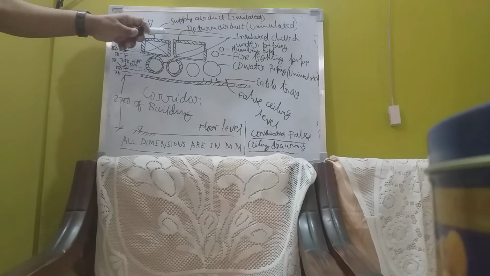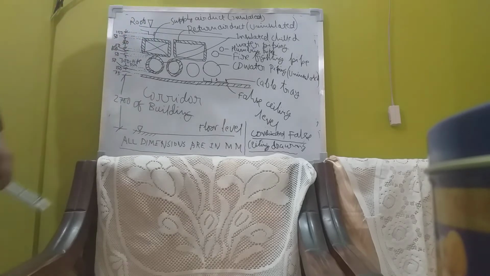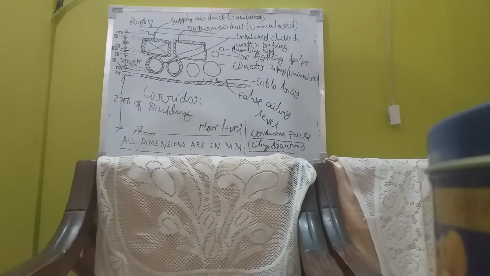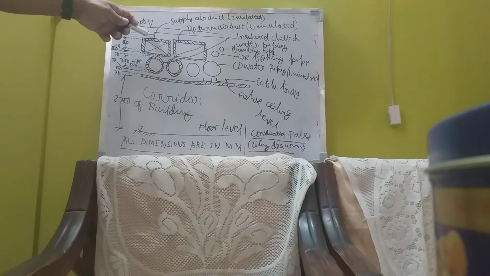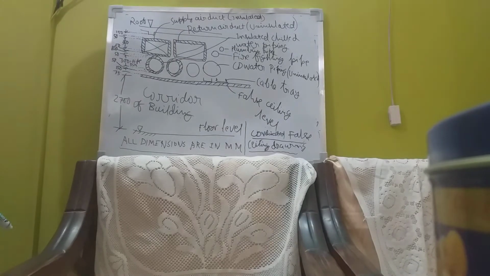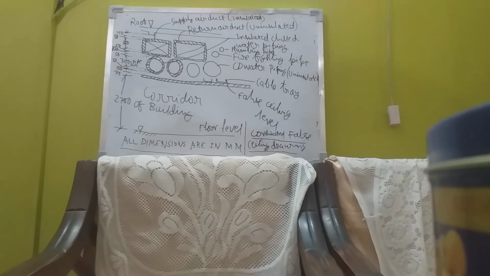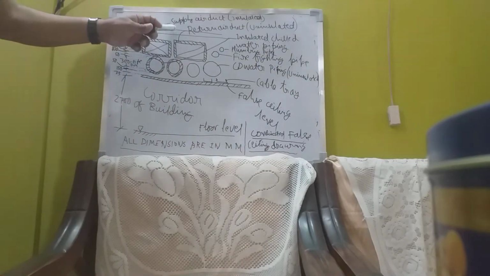Above that, there is a roof, and in the roof there is a beam. You understand a beam? If you see the roof structure, there is a beam in the roof, and the beam takes the load of the building. That means if you make a hole or puncture or break the roof here, nothing will happen.